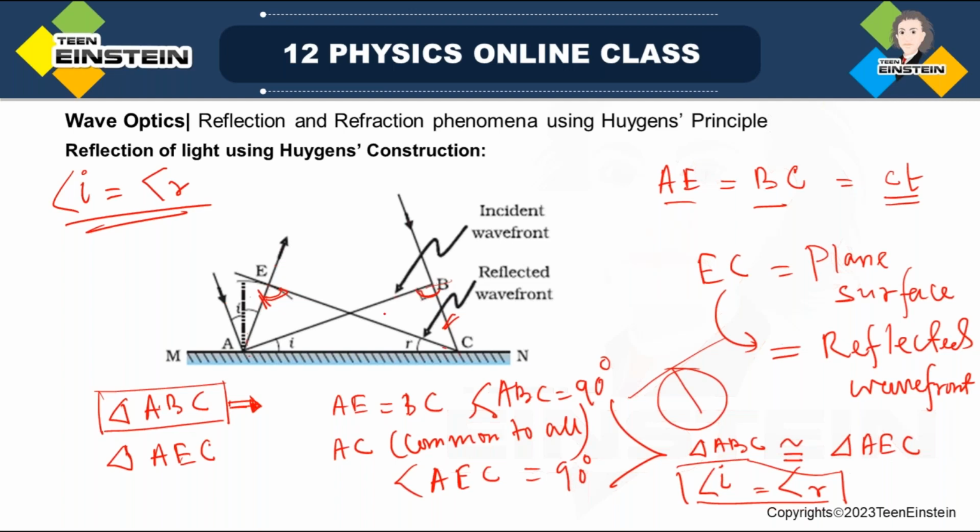It is purely Huygens' construction which we have used here, and later in this chapter we'll learn very interesting things like interference and diffraction, which will be fascinating. These are just old things we are verifying here with the wave theory.